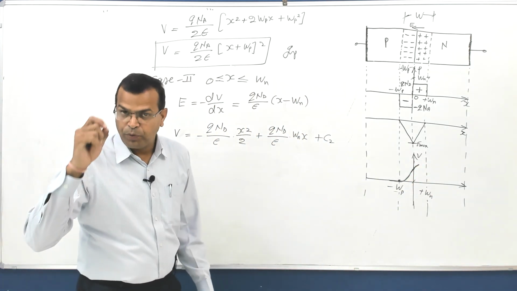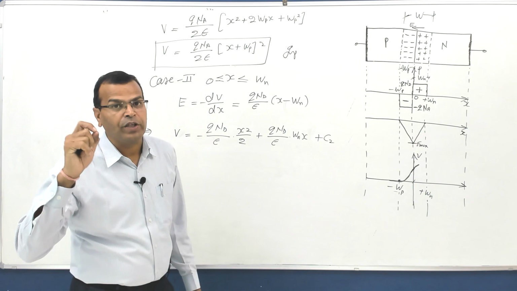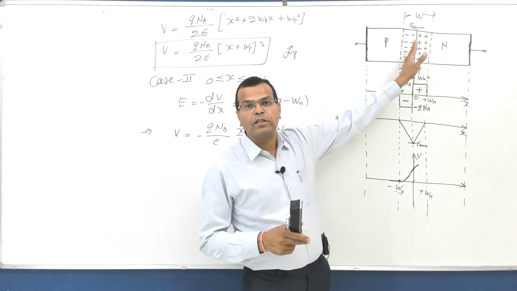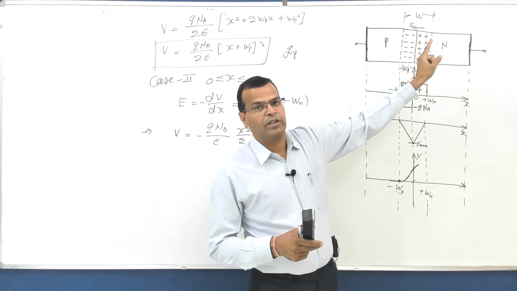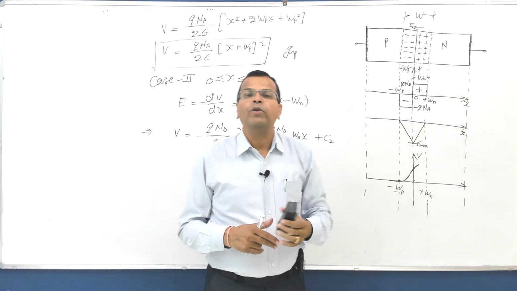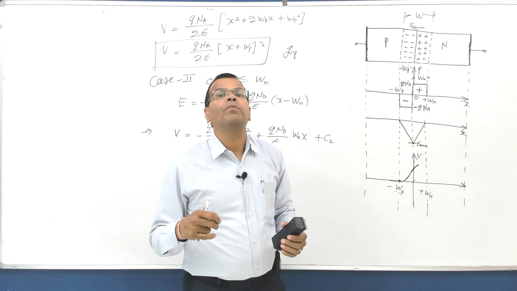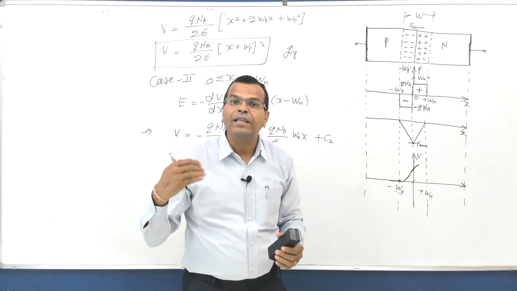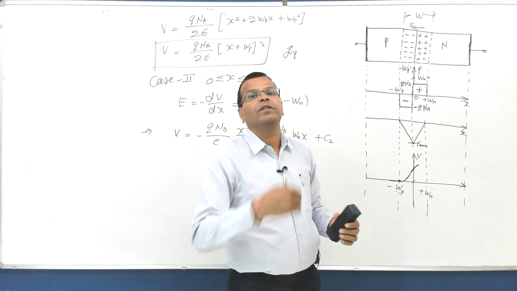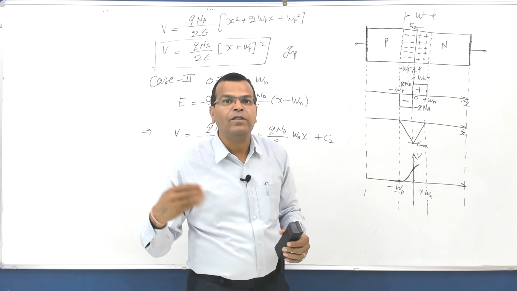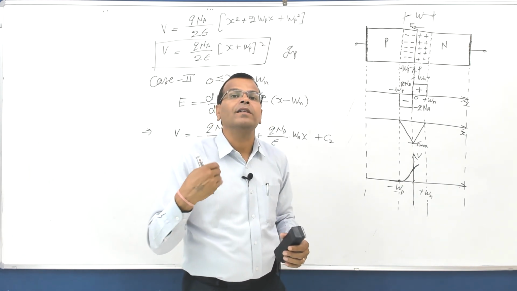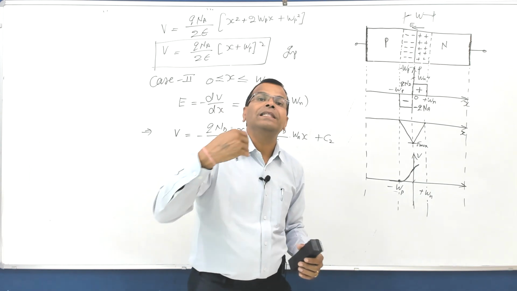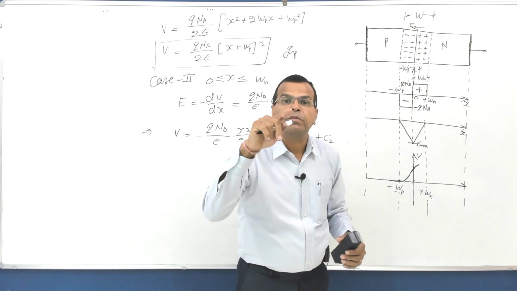Why? Because potential is a continuous function, and potential rises when you move from negative charge to positive charge. Remember this. When you move a unit charge from negative to positive, you are moving against the field, and when you move a unit charge against the field, you increase the potential energy, that means potential.